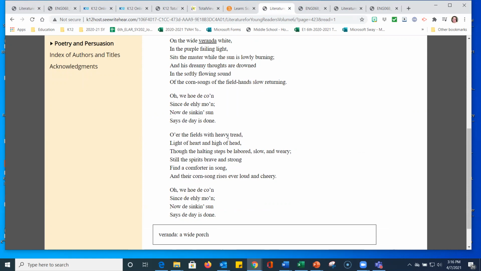O'er the fields with heavy tread, light of heart and high of head, though the halting steps be labored slow and weary. Still the spirits brave and strong find a comforter in song, and their corn songs rise ever loud and cheery. Oh, we hoed the corn since the dawning moon. Now the sinking sun says the day is done.